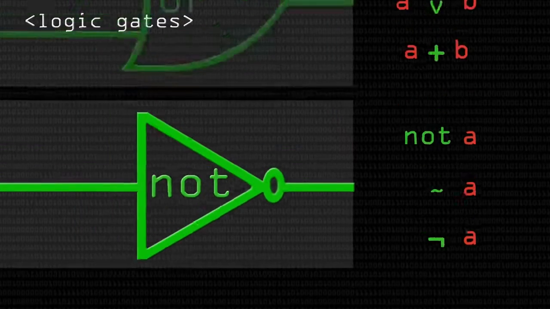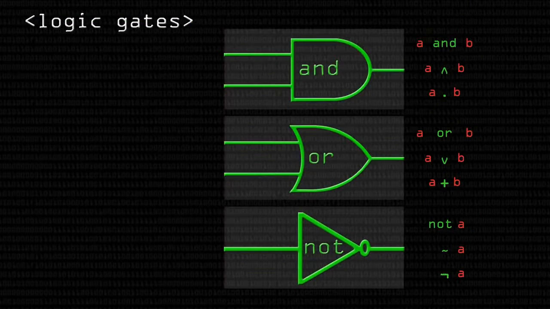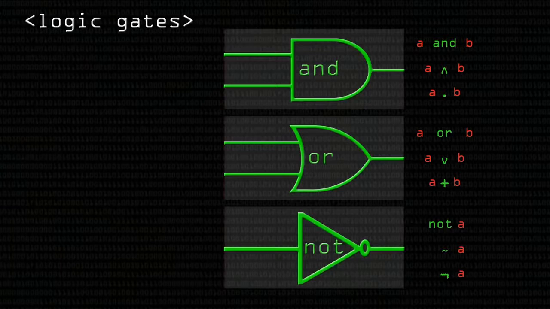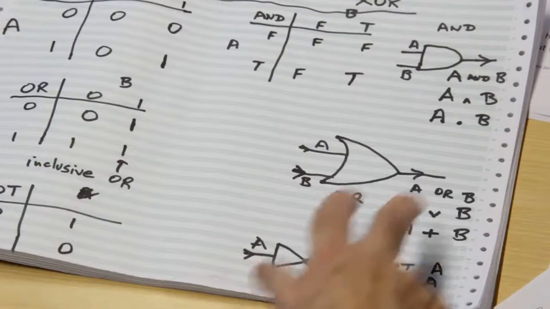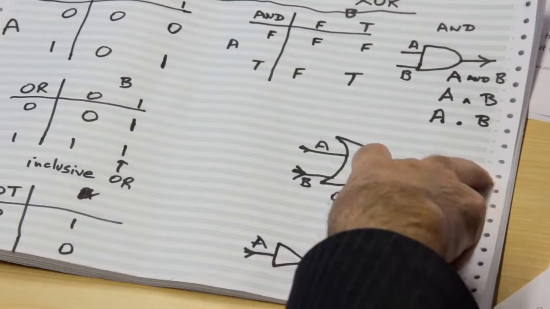Those three taken together are what are called logically sufficient to do anything you want in logic: AND, OR, and NOT taken together. Dr. Bagley, bless his cotton socks, has done even more advanced stuff with you now, which I'll just mention. If you want to glue a NOT gate onto the output of an OR gate, say, so you do the inclusive OR, but then the moment you get its result, you flip its direction, you turn it over.